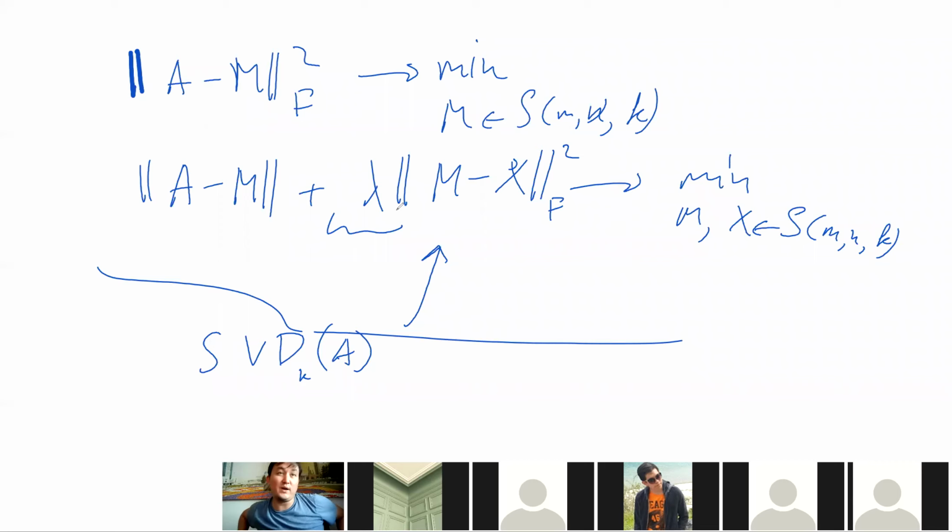PCA can also be solved by the alternating scheme, but nobody is going to solve a problem which we know how to solve. The alternating scheme was developed for problems that we don't know how to solve. For this one, nobody is going to apply it because there is a nice algorithm for PCA, singular value decomposition.